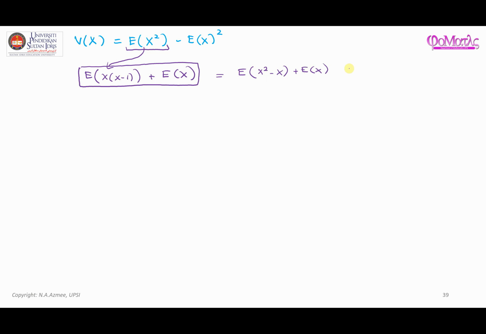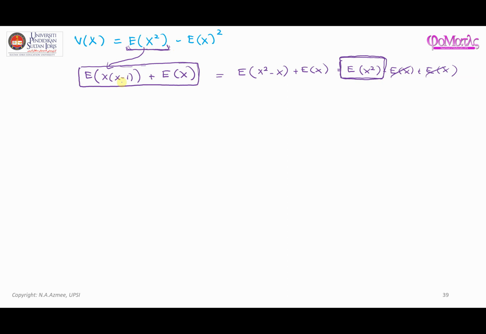That becomes E[X squared] minus E[X] plus E[X], and so you can cancel that part. So this whole box here is the same thing as finding E[X squared], which is what we really need.